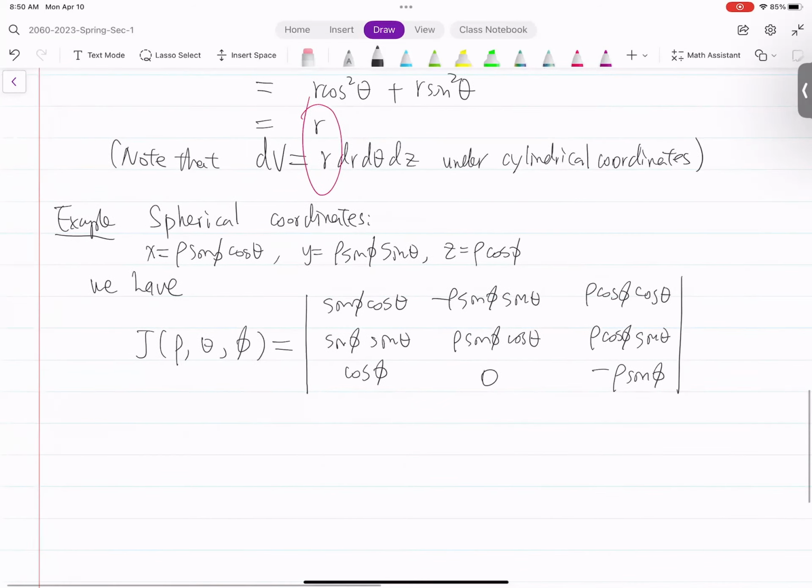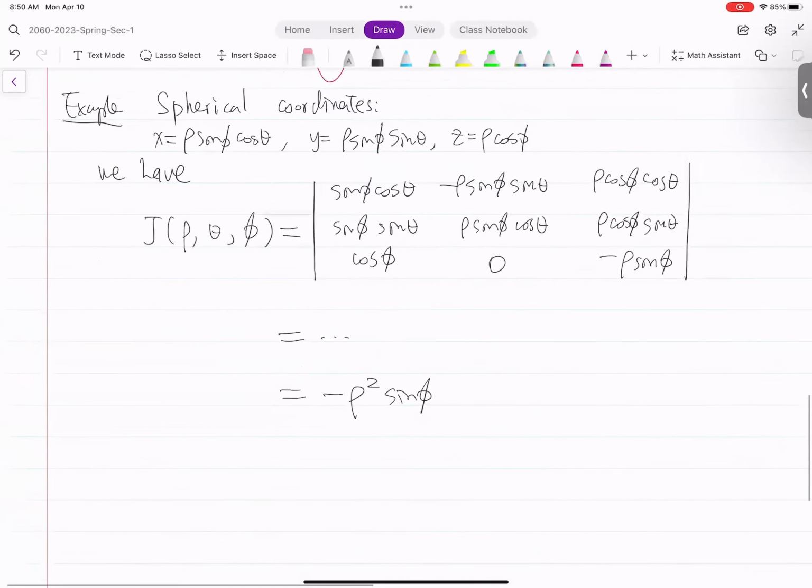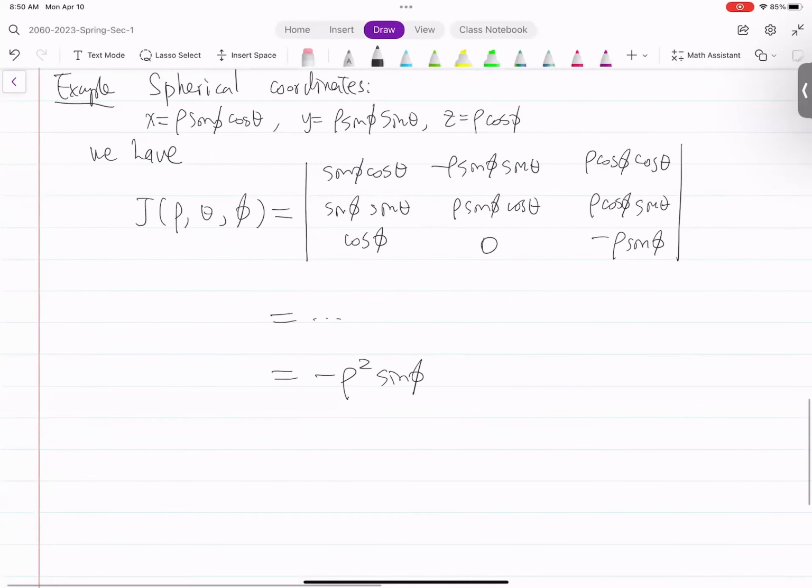After a few steps that I will write down in a little more detail later on in class, eventually you will get negative rho squared sine phi. So still, this is just all the three by three determinants that you should be able to compute.